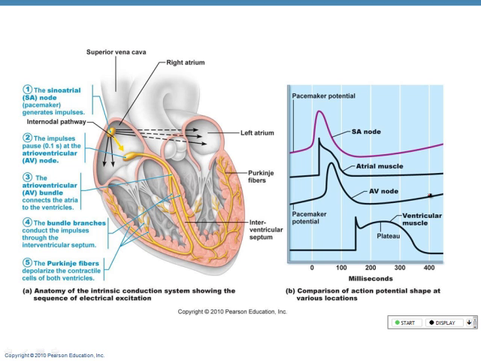Autorhythmic. What's it mean? Automatic rhythm, exactly. So these cells are going to ensure that we continue to contract and relax these muscles at a nice rhythmic rate so that we can have blood move through the heart efficiently.